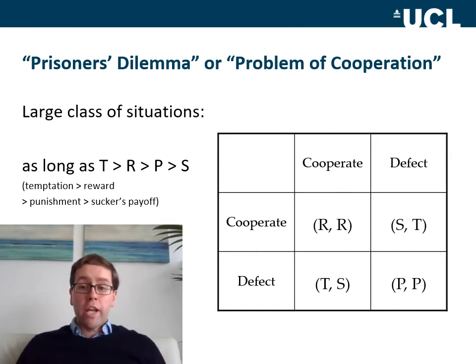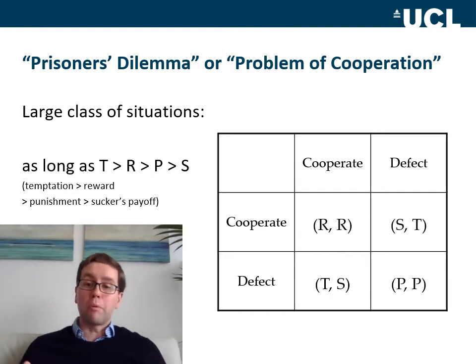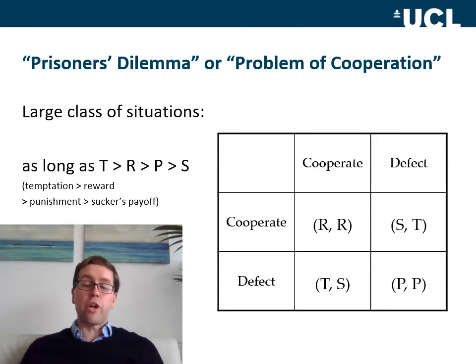So the dirty kitchen game is a good example of this bad Nash equilibrium outcome in the prisoner's dilemma. But like I said, the prisoner's dilemma stands for a large class of situations, and this problem is also often known as the problem of cooperation. The prisoner's dilemma or problem of cooperation are the same thing, and they characterize a large class of situations.